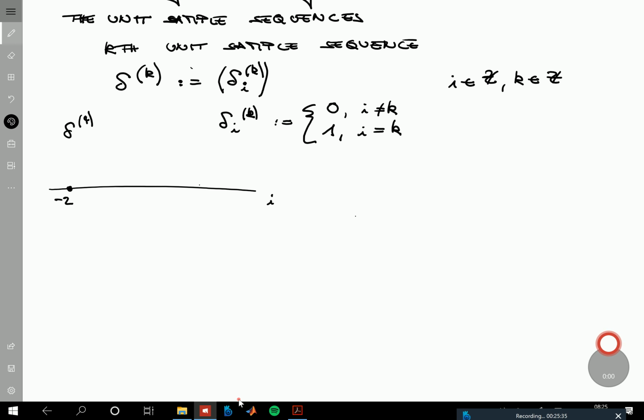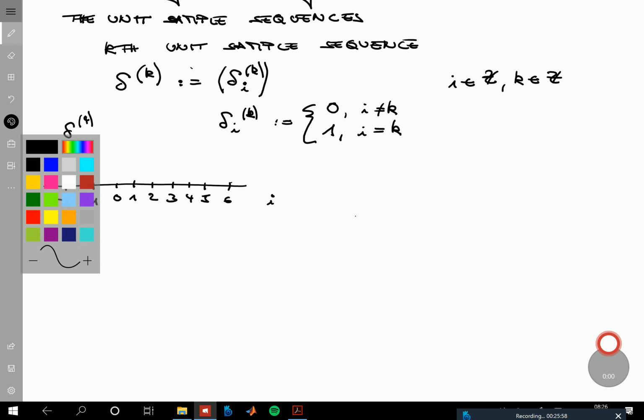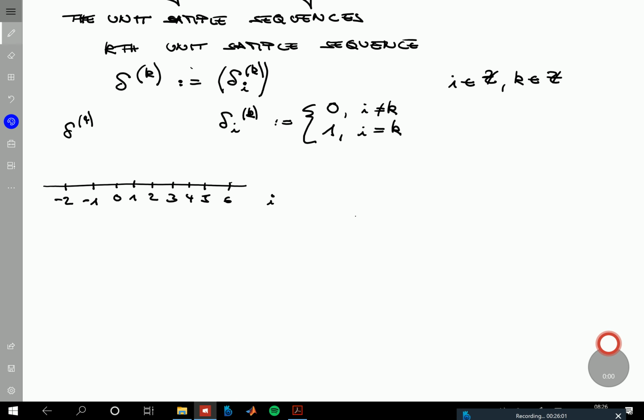Let's first put the indices down: -2, -1, 0, 1, 2, 3, 4, 5, 6, and now let's put down the values. What's the value for -2? So what is delta i? 0.